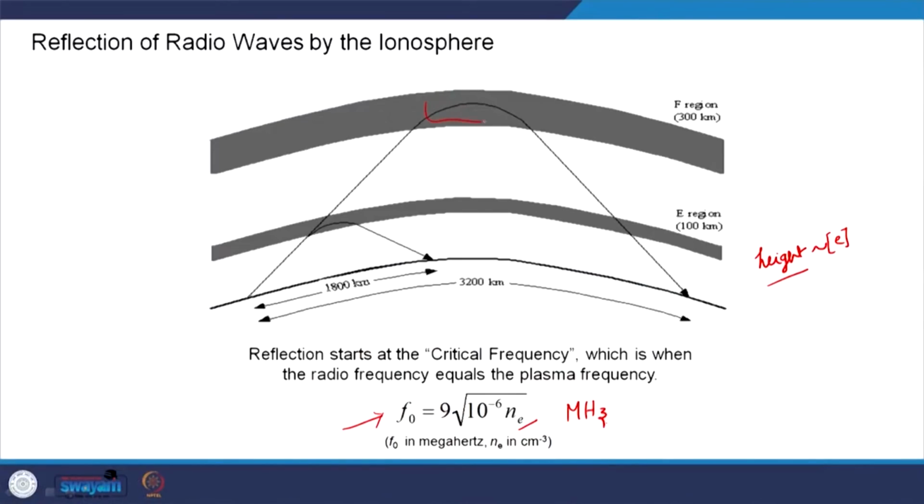Now, if you have an instability, for example a plasma bubble which may span several hundreds of kilometers, and by chance this plasma bubble falls in the line of your radio wave communication, then there may be a severe disturbance for the communication.